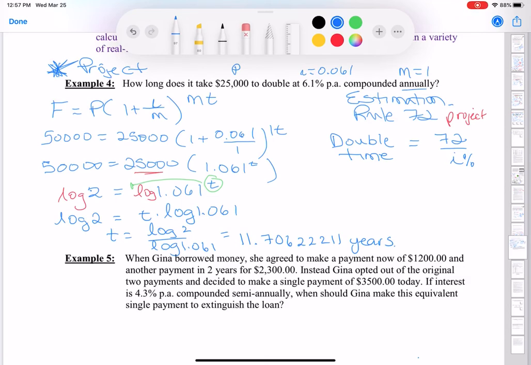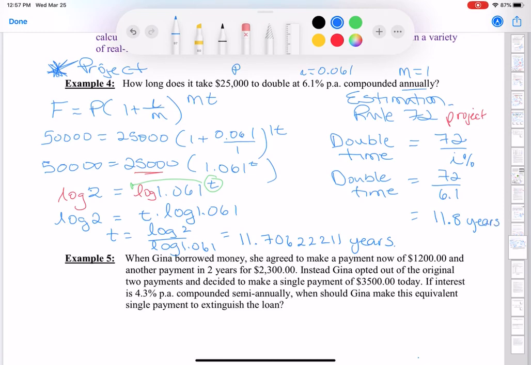All right, so let's just see if that's true in this case. So our double time is equal to 72 over, what is our percentage rate? It is 6.1. If we punch that into our pocket calculator, 72 divided by 6.1, we get 11.8 years.